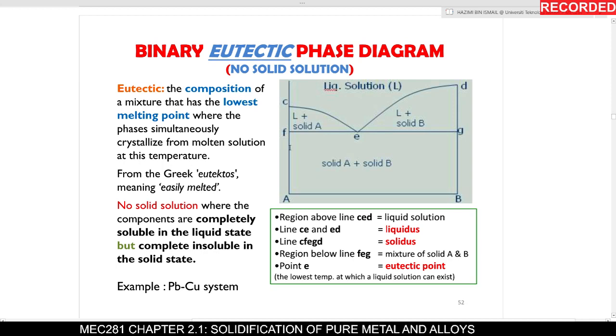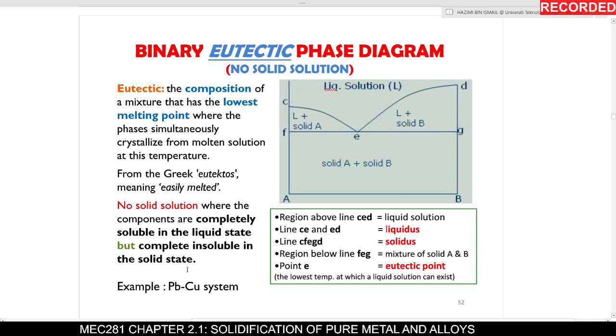That is the point where liquid is simultaneously converted into solid. You can read from this that it is from the Greek word eutectos, meaning easily melted.